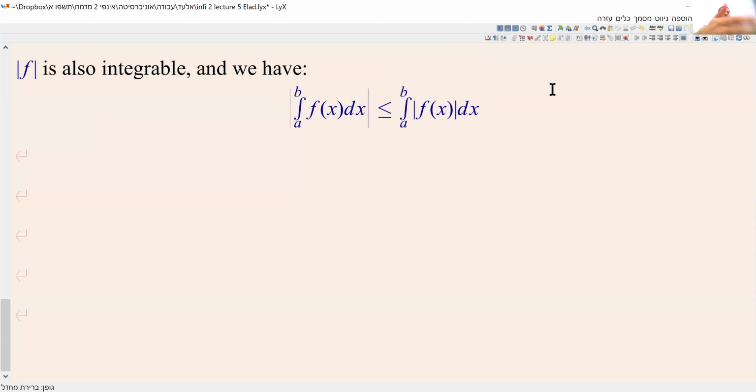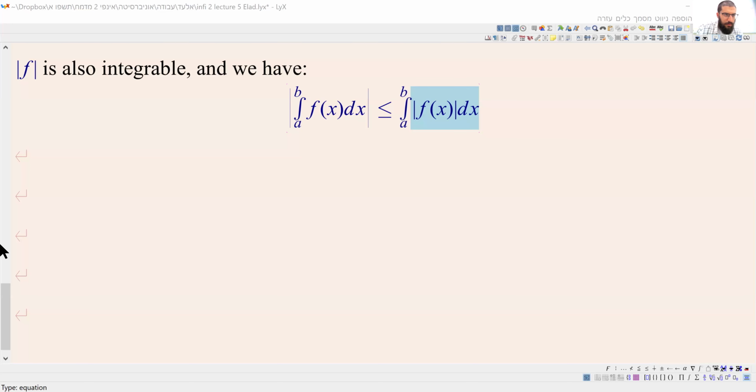When it comes to a formal proof, one can write down the sum, and this is the actual triangle inequality: the sum of absolute values or the absolute value of the sum, which is bigger. But here we can have some nice little drawing. Let's say the function is sinus x and the segment is 0 to 2 pi.